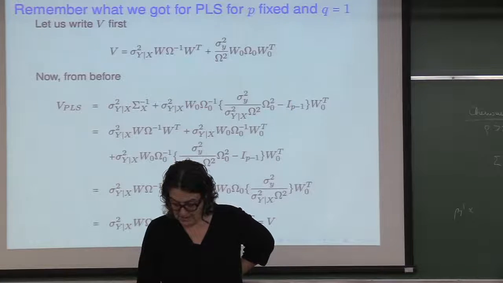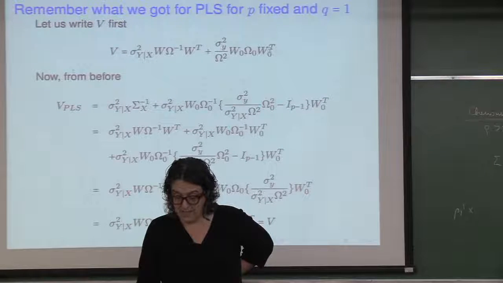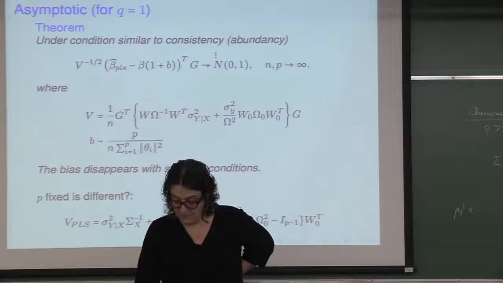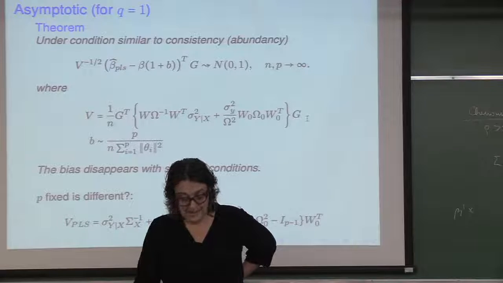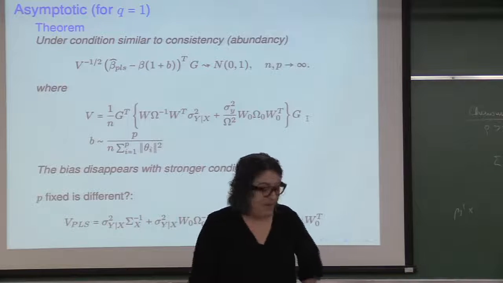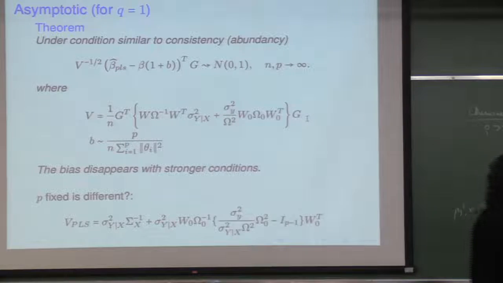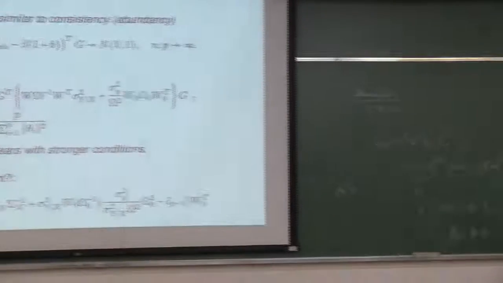I'm going to tell you something. For this B, you have to use the B hat. Again, V is P by P, B hat is P by P. When you multiply by G, it's 1 by 1. Still, you cannot get that B hat goes to B, but you can get that B hat over V goes to 1.